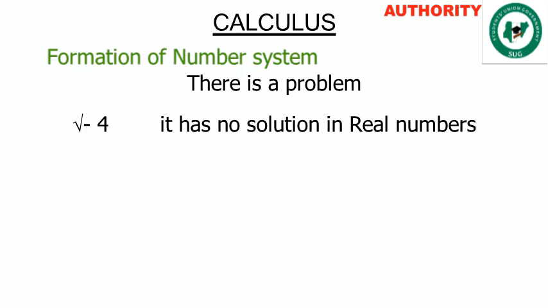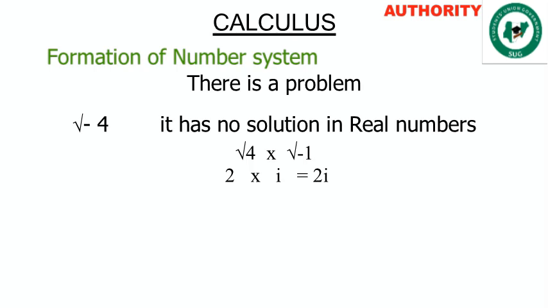To solve this problem, we split this number into 2. The first one we give you is square root of 4 times square root of minus 1, so that when you say square root of 4 times square root of minus 1, it will give you square root of what? Minus 4. Is that clear? Good.